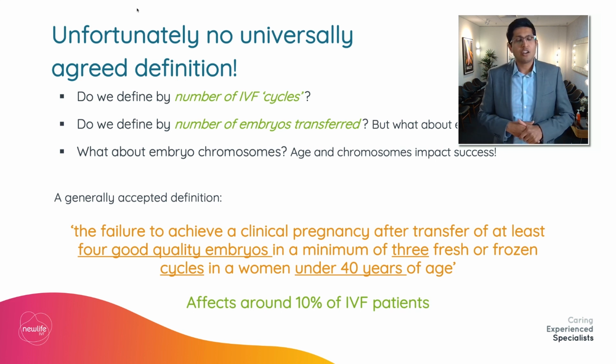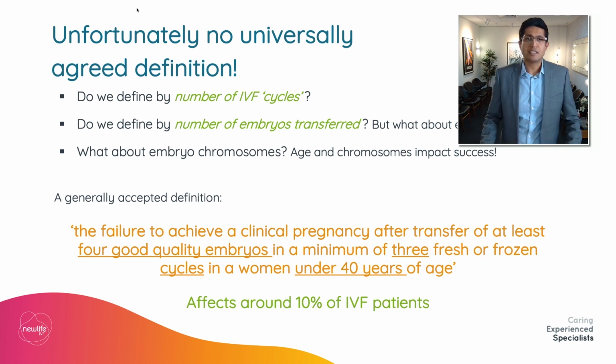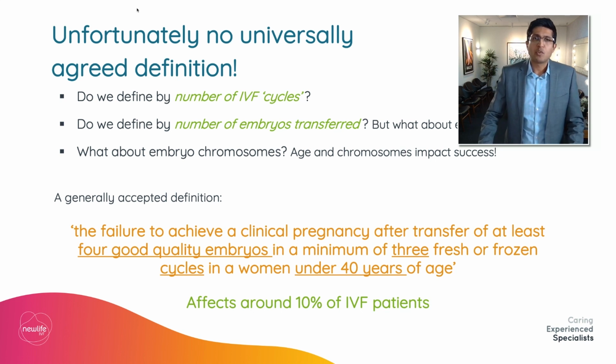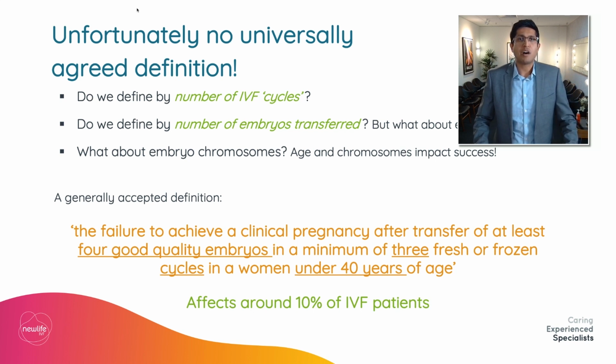But back then, a lot of those embryos were earlier in their development at the time of transfer, either cleavage stage or day 3 embryos, whereas nowadays we are using mainly blastocyst embryos that have better success rates. So could we therefore define it by the number of IVF cycles? Could we, as previously, define it by a fixed number of embryos being transferred and not achieving a pregnancy?